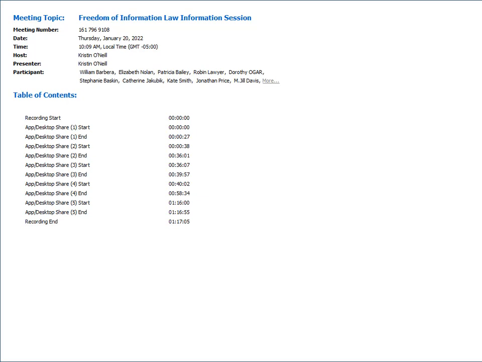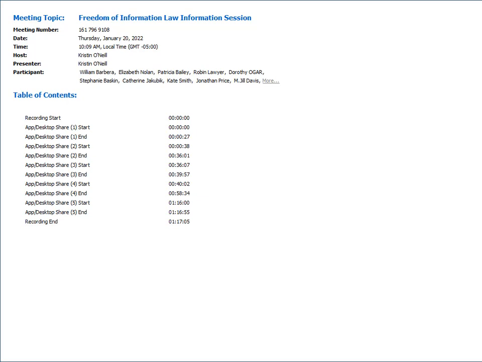Someone asked, relating to timelines, if an agency acknowledges it within 5 days, do they have another 20 days to respond? I think we did go over this in quite a bit of detail regarding the time limits. If an agency acknowledges a request within 5 business days, then the rest of the time limits start ticking in.